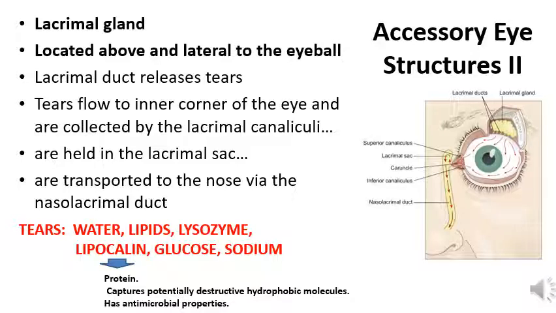The composition of tears is primarily water, but they are going to contain some lipids, something called lysozyme, which is a body defense type of substance that can disrupt bacterial cell walls, something called lipocalin, which actually is a protein that captures hydrophobic molecules that shouldn't be there, and it can basically take care of those. There's going to be some glucose, there's going to be some sodium as well.